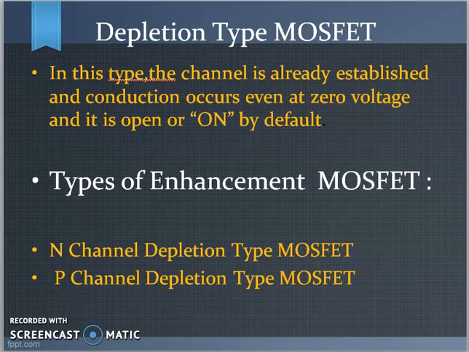Now the depletion type MOSFET. In this type, the channel is already established and conduction occurs even at zero voltage, and it is open or on by default. The types of depletion MOSFET: N channel depletion type MOSFET, P channel depletion type MOSFET.